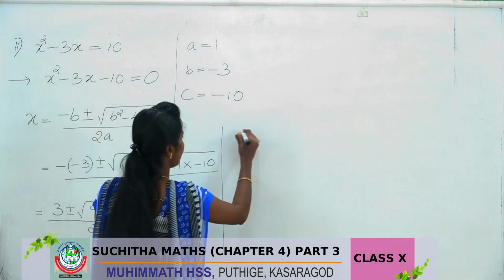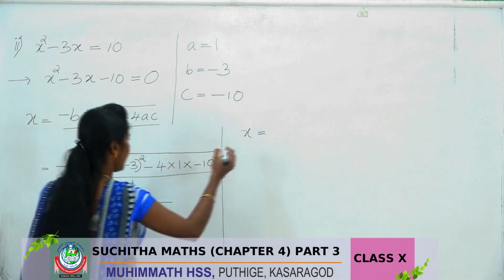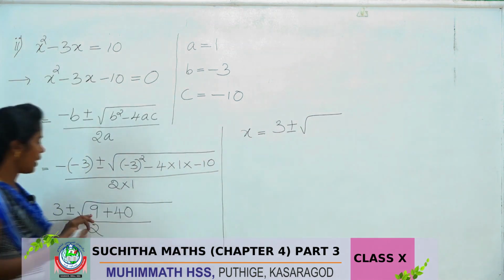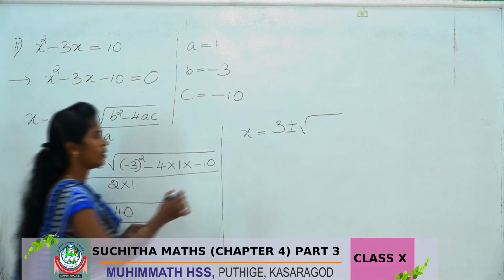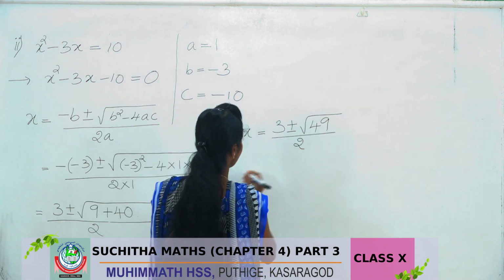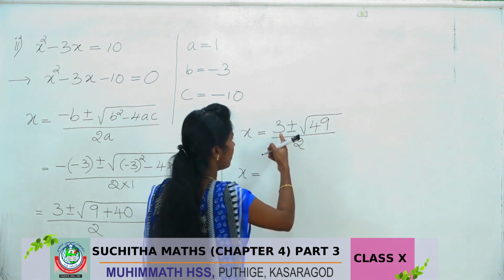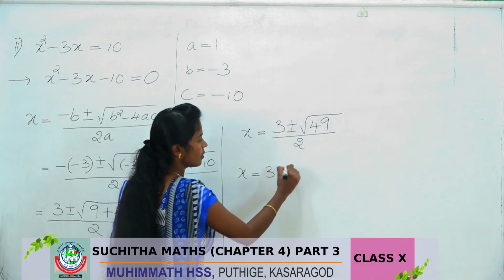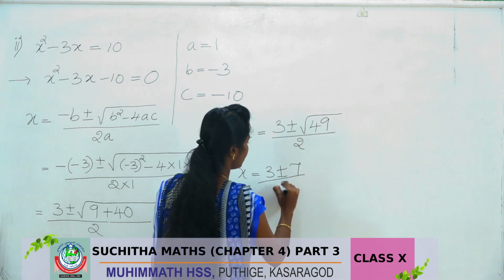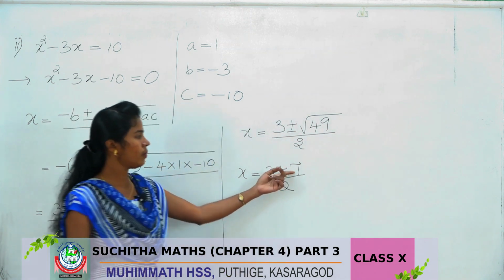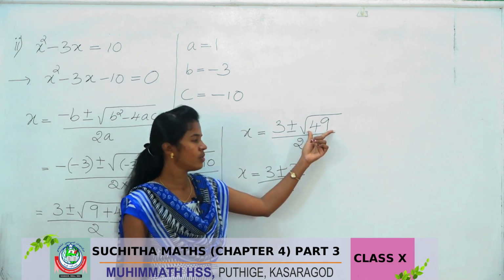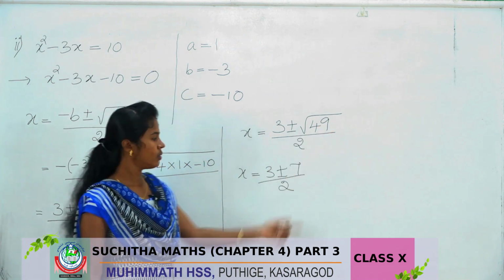That is x equal to 3 plus or minus square root of 9 plus 40. 9 plus 40 is 49, divided by 2. That is x equal to 3 plus or minus square root of 49, which is 7, divided by 2. Here also the value of b square minus 4ac is positive, greater than 0, so there are 2 solutions.